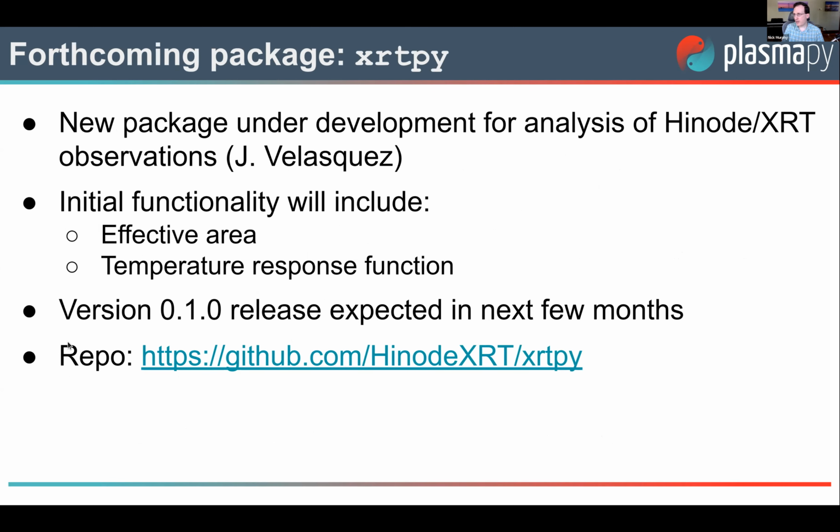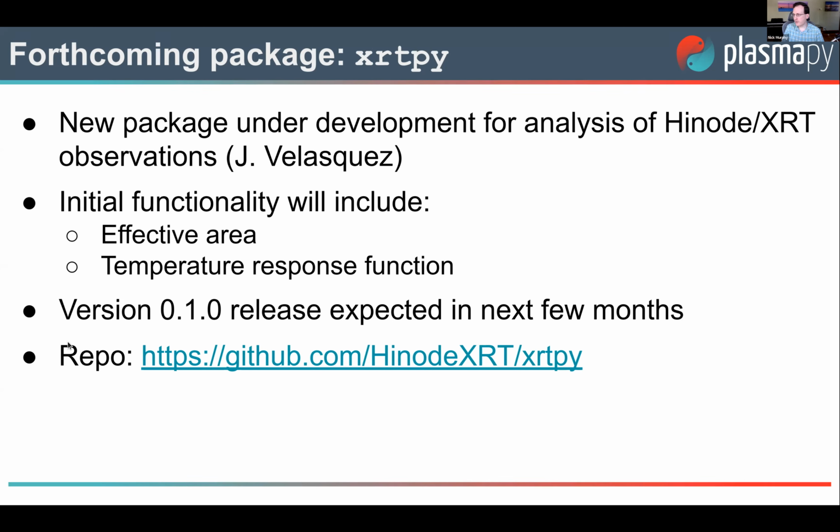I did want to mention another package which is currently under development for the analysis of data from the X-ray telescope, XRT, on the Hinode spacecraft, and Joy Velasquez is working on the bulk of the functionality. In our initial release, there will be functions for the effective area and the temperature response function.